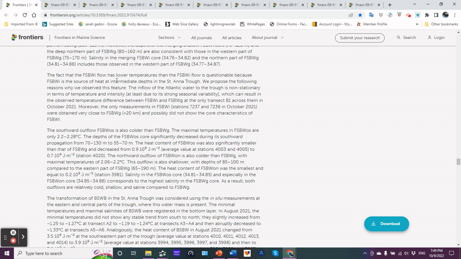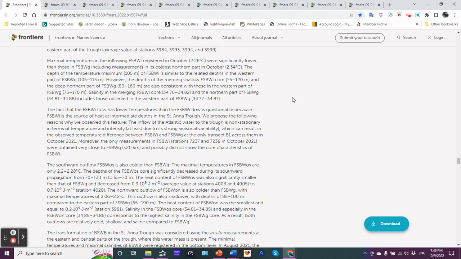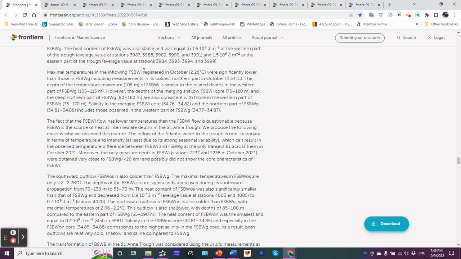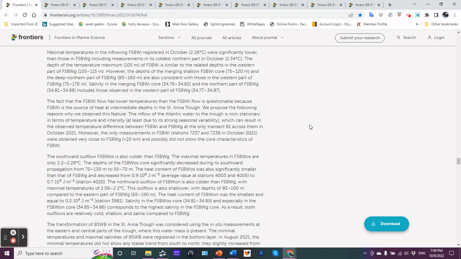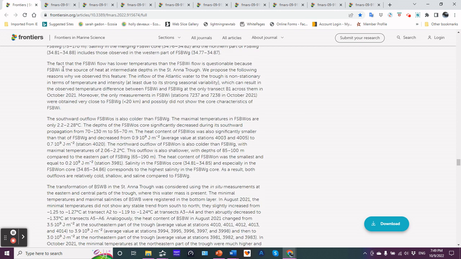Yeah, it's questionable because the inflow is a source of heat at intermediate depths. So what did they just say? They said that the inflow was lower than that of the gyre, and basically the inflow is the source of heat in the trough at intermediate depths. So they're basically having some questions with the data here. I see what they're saying. So there was an error in the printing.